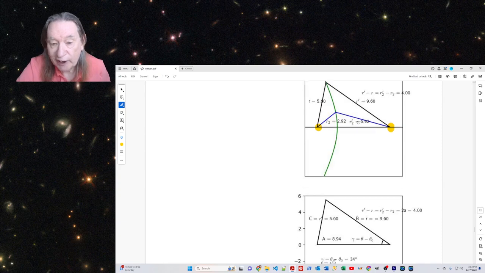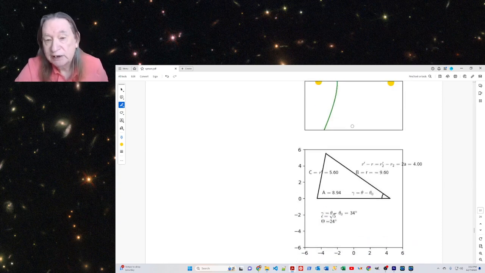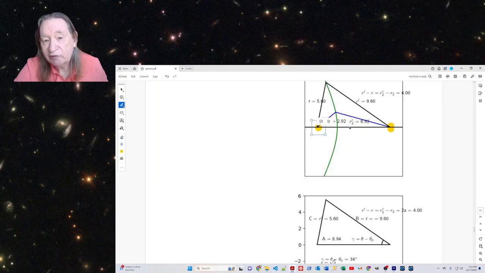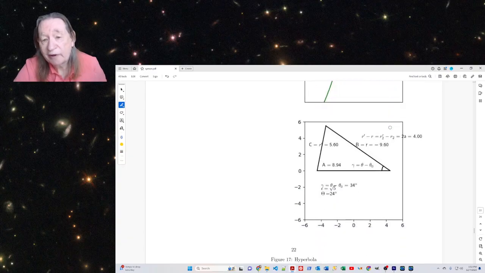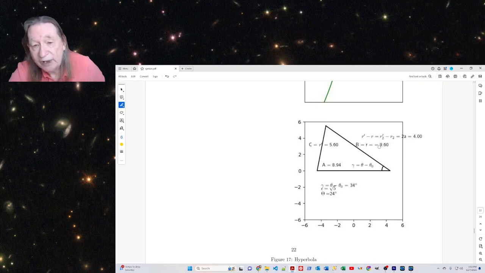Now, the law of cosines, you can see I've got a triangle here. So I've just drawn that triangle again here. And I've got 3 sides, A, B, and C. And this angle here, which is the difference between the angle it would be at periapsis, at closest approach, and the angle it's actually at.